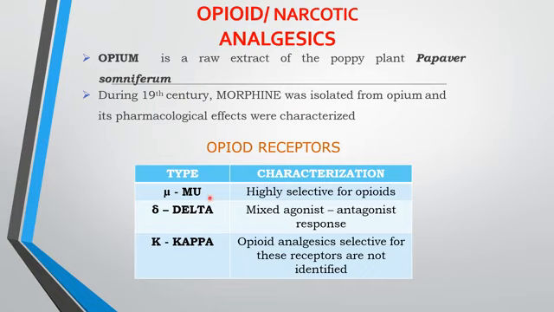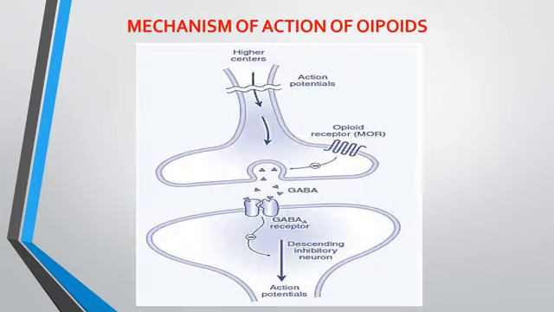The types of opioid receptors are mu, delta, and kappa. Mu receptors are highly selective for opioids. Delta receptors show mixed agonist and antagonist responses, and for kappa receptors, opioid analgesics are selective but not identified.